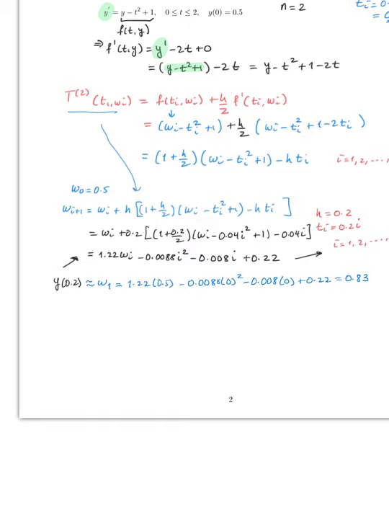Then you move one more step, and let's say you want to find y of 0.4. This is approximately equal to w2. So this will be 1.22 times 0.83, because now w1 is this one, minus 0.0088 times 1 minus 0.008 times 1. This should actually be squared, but it doesn't make any difference. Plus 0.22, and this is equal to 1.2518.